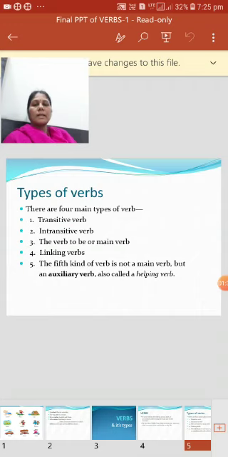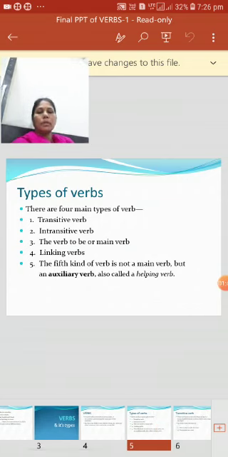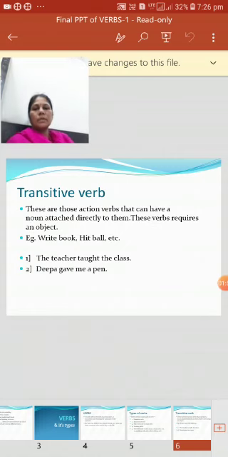First is transitive verb. Second, intransitive verb. Third, the verb to be or main verb. Fourth, linking verbs. Fifth, auxiliary verb. Now we will see the first type, transitive verb. These are those action verbs that can have a noun attached directly to them.